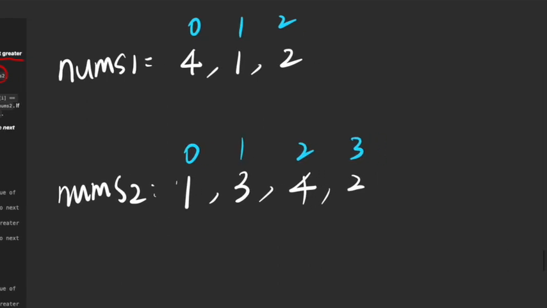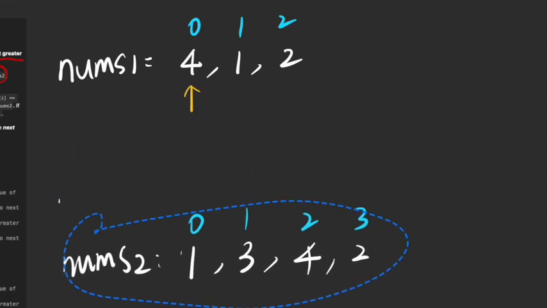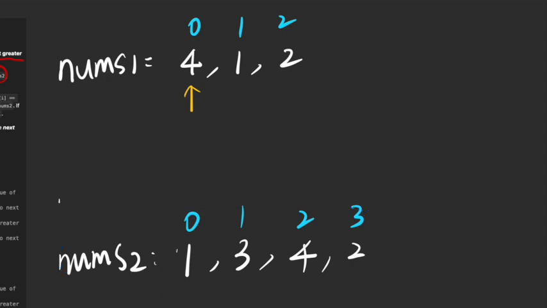Alright, so now we need to find the next greater elements for the numbers in the nums1 array. For example, when I go through this element, the 4, we will check where it is in nums2 first.